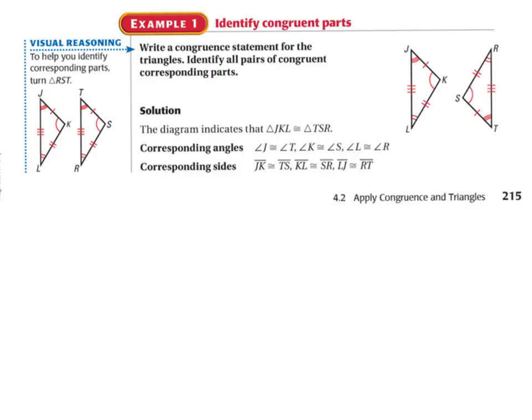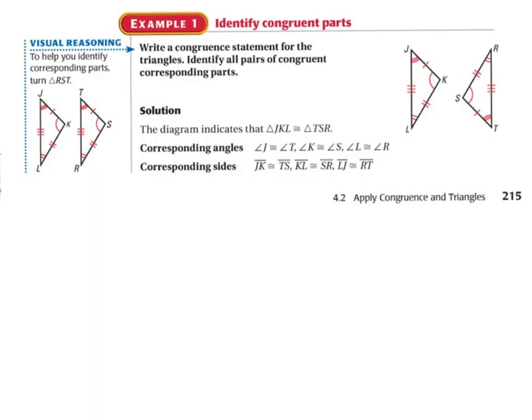But we can see again with the angles, if we're starting with JKL, so we're going with angle 3, 1, 2, and we're going 3, 1, 2 here, so that's angle TSR. So triangle JKL is congruent to triangle TSR.